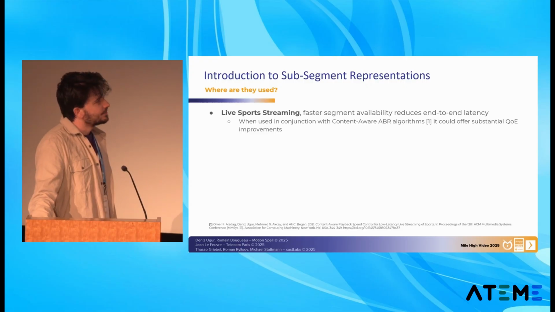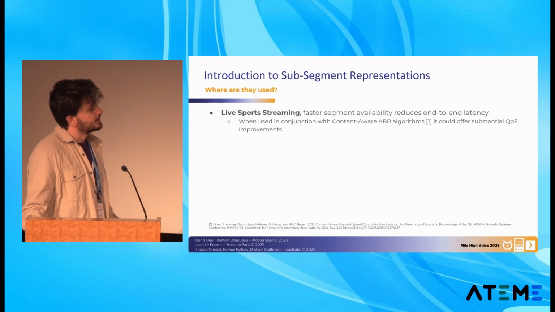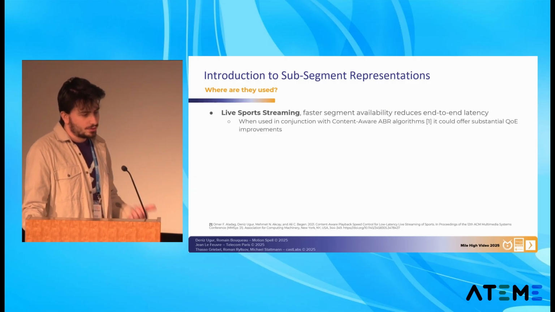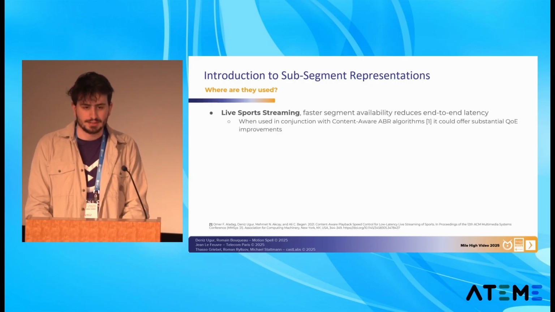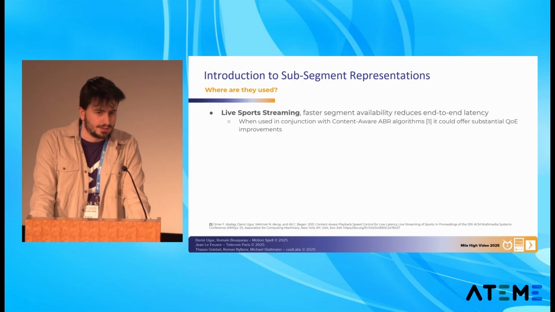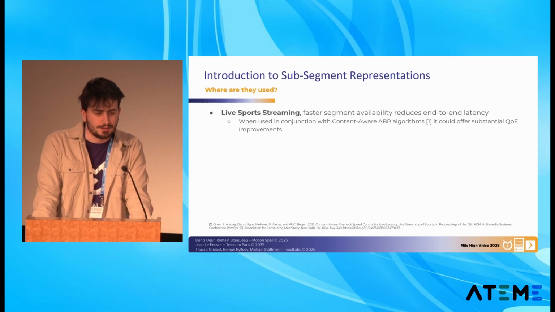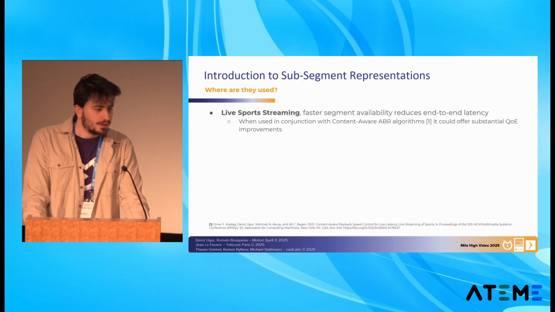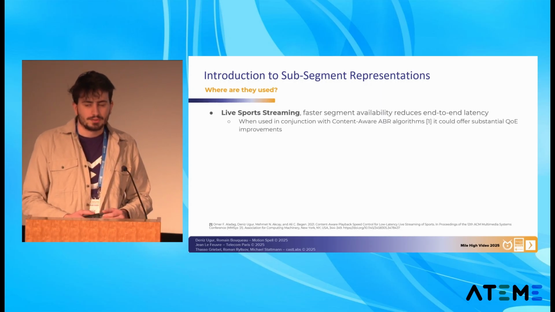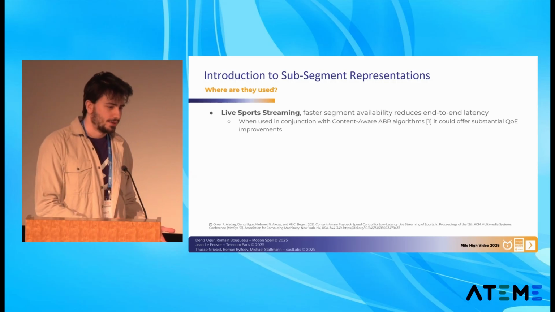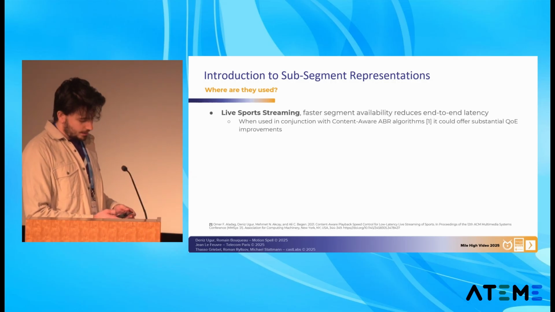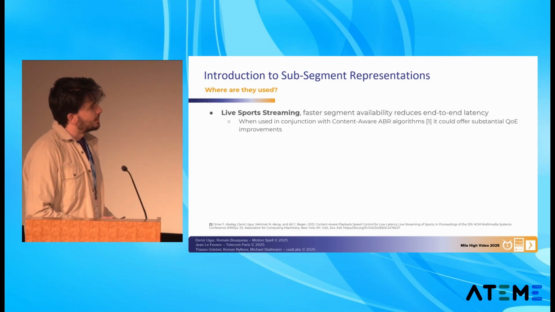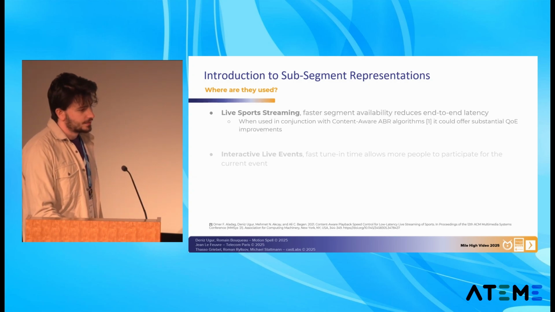But the important part of this feature is that with content-aware ABR algorithms, you are able to adapt to the content much more quickly. For example, in a football match, if there's an important segment coming up, you can switch to a lower quality adaptation set if you suspect a stall or buffering is coming up. This is potential right now, but we plan on exploring this idea as well.